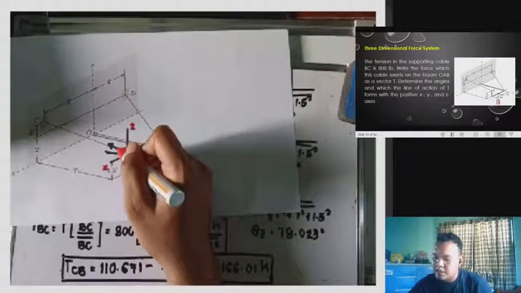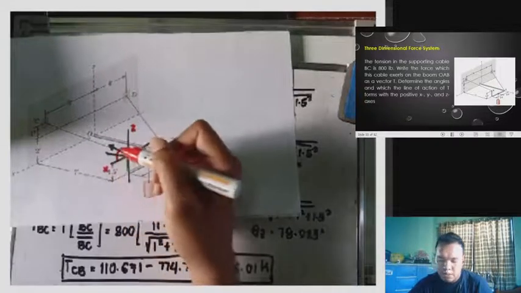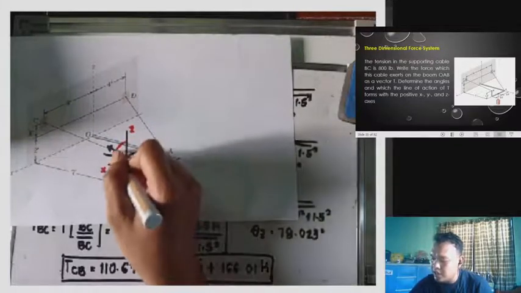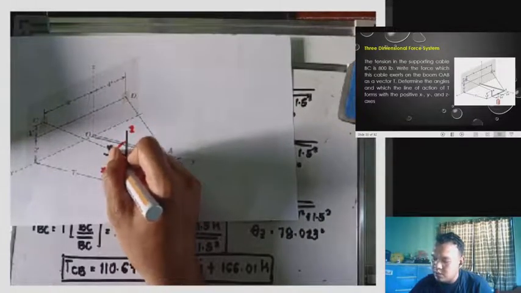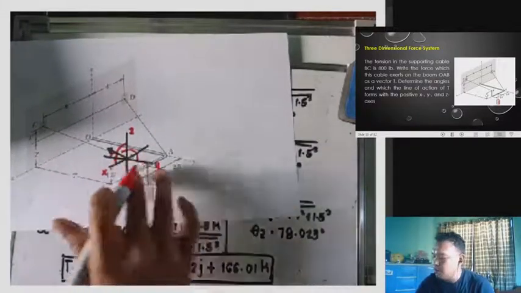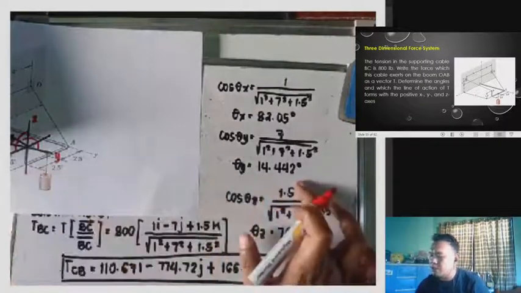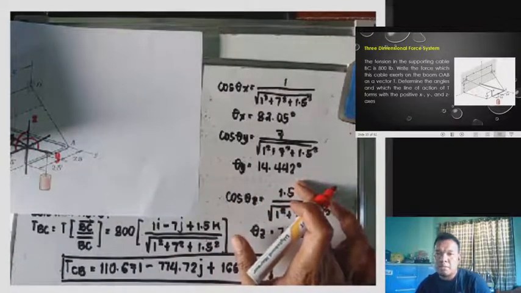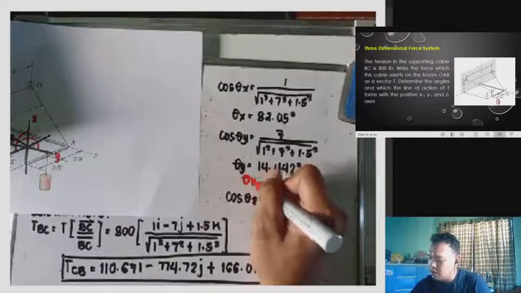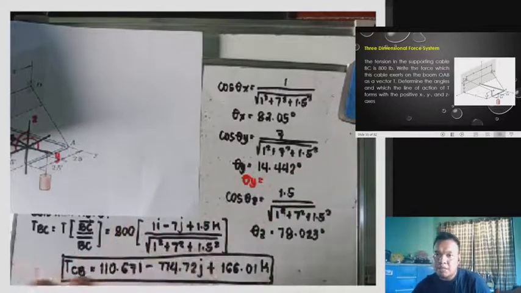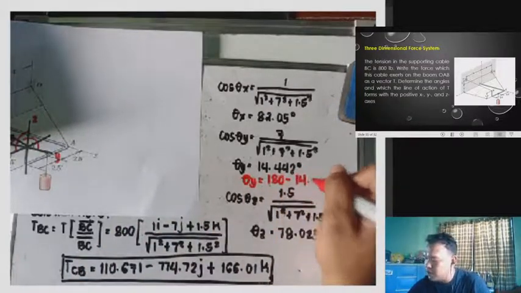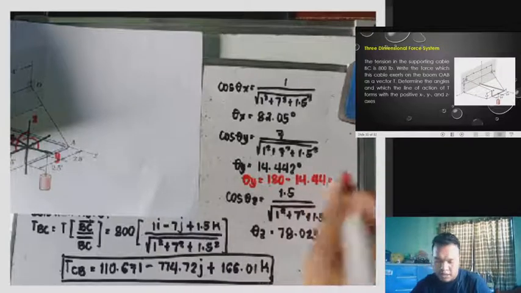So, angle theta x is ito. Tapos, yung angle ng theta z is itong nandito. At yung y is itong nandito. Pero sabi, from positive side daw po. So, ibig sabihin dapat ito yung angle na yon. So, ibig sabihin yung angle natin theta y dito, which is 14.442, kailangan pa natin siyang i-minus dun sa 180 degrees. Therefore, the actual value of theta y from positive axis is 180 minus 14.44. Therefore, yan ay lalabas.